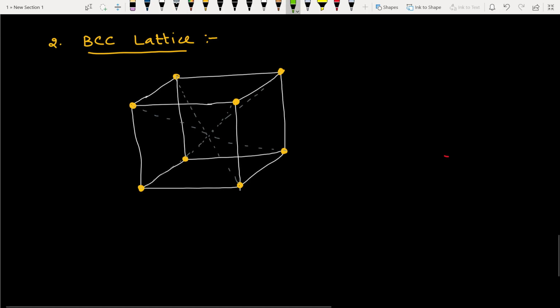So this will be our atom which is present at the body center of the cube, and all the atoms 1, 2, 3, 4, 5, 6, 7, 8 are its nearest neighbors. So its coordination number is 8.